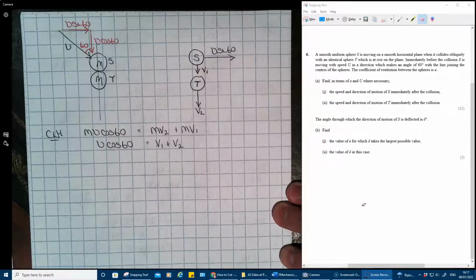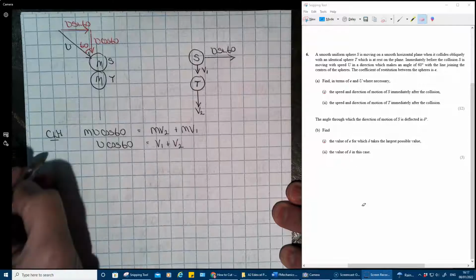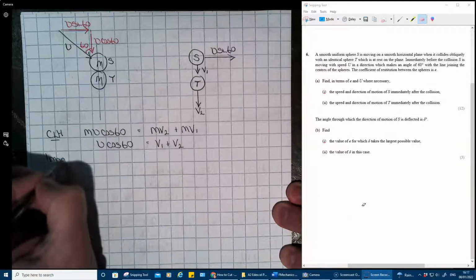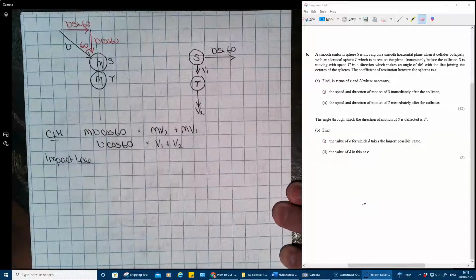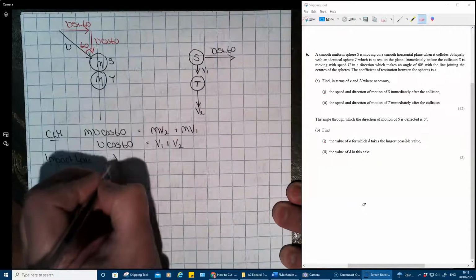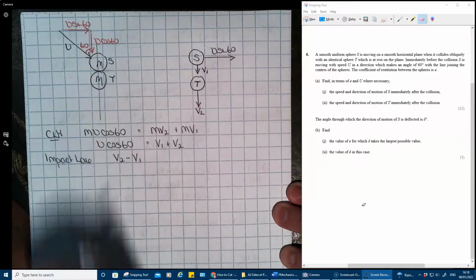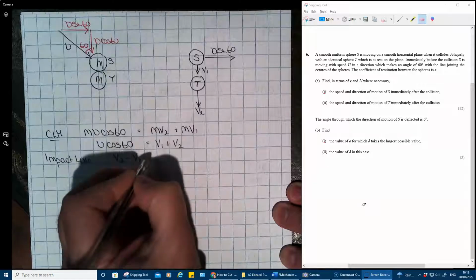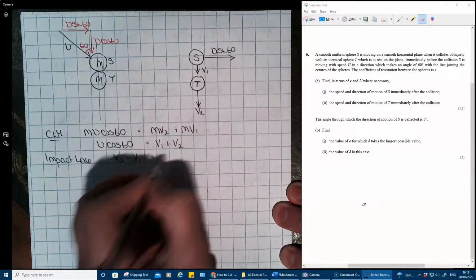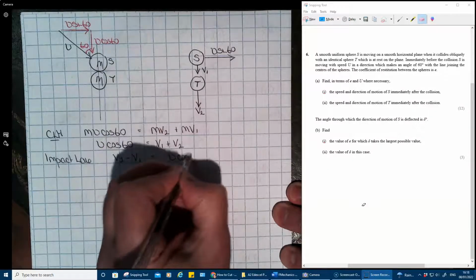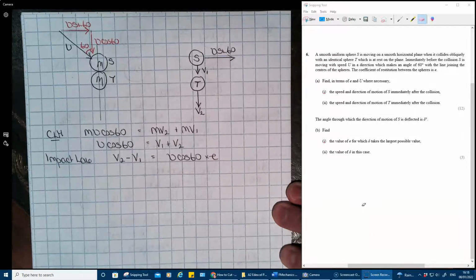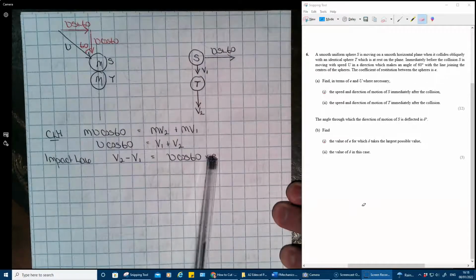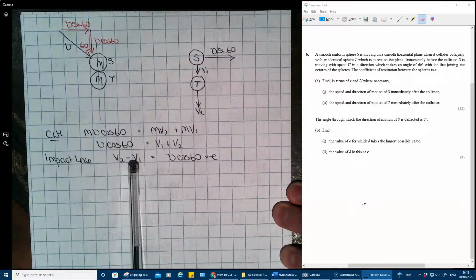So if we now look at the impact law, speed of separation is v2 minus v1 equals the speed of approach, which is u cos 60 times e. So the difference of speed when they approach, times e, gives you the difference of velocities afterwards.